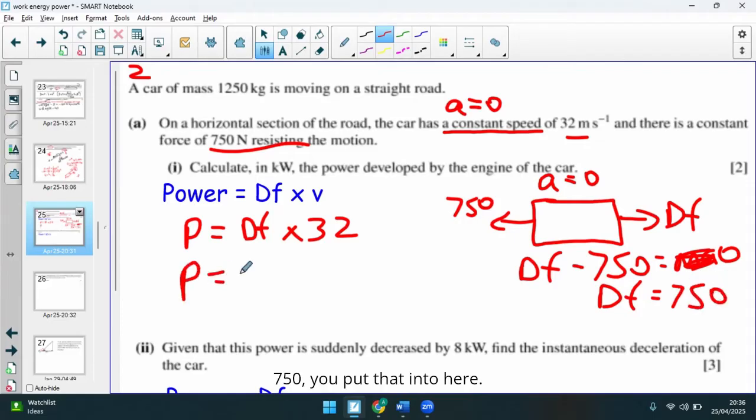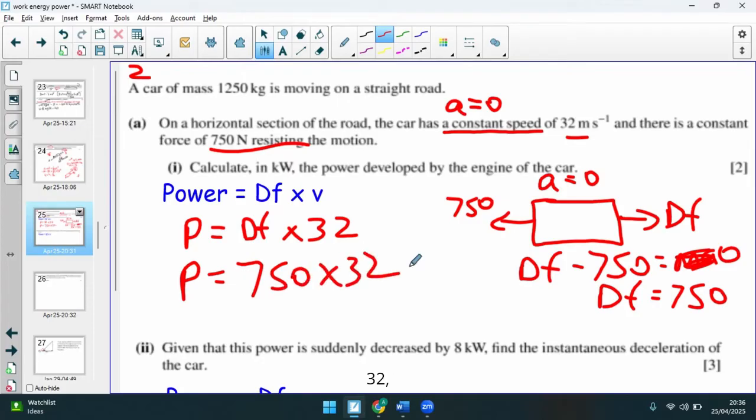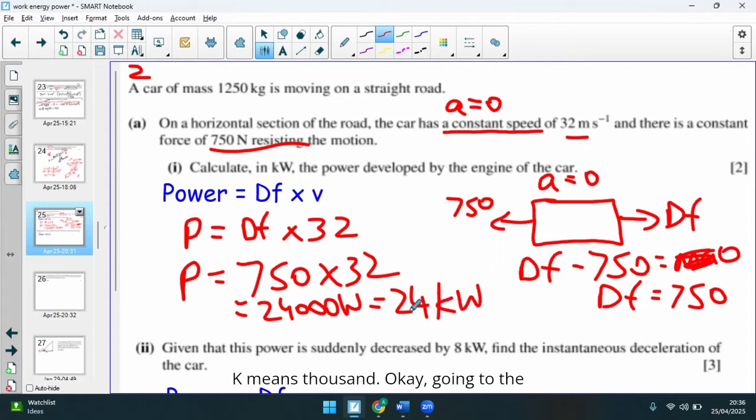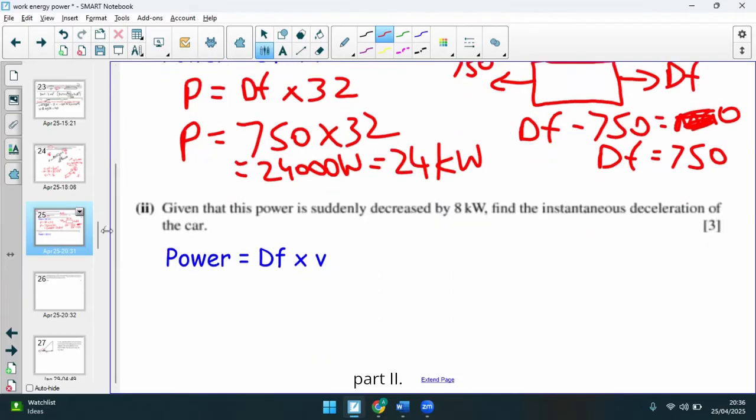You put that in here, so 750 times 32, which gives you 24,000 watts. So 24 kW. K means 1,000.